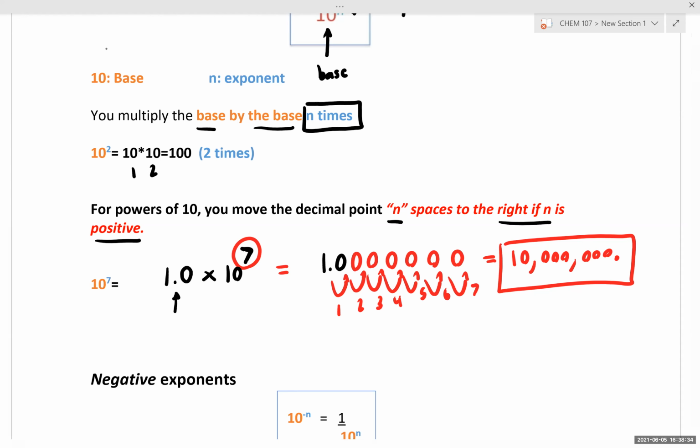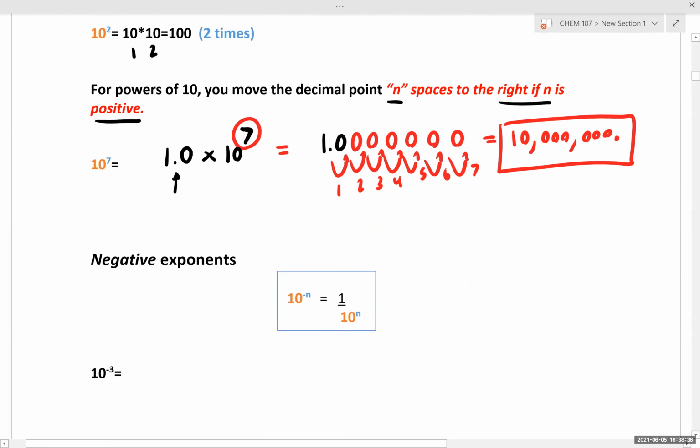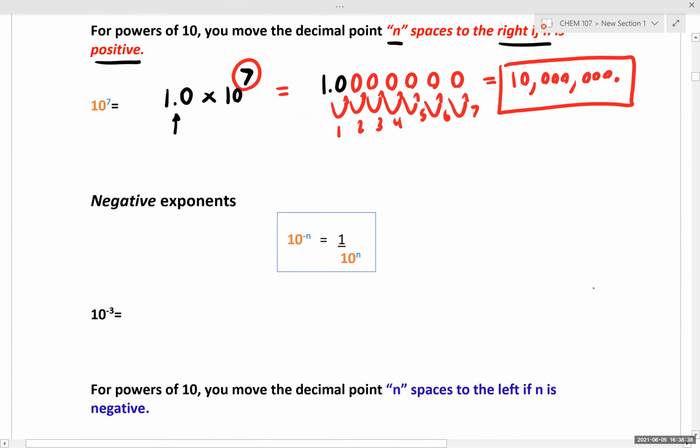Let's now talk about negative exponents. 10 to the negative n, so a negative exponent, is the same as 1 over 10 to the n. For example, 10 to the negative third can be thought of as 1 over 10 to the third.